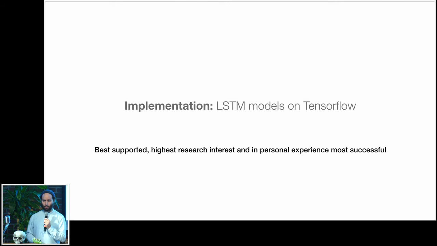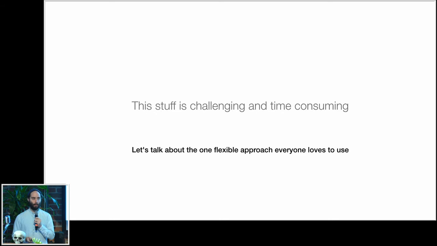What I want to specifically talk about, what I've had a lot of success with, is these LSTM models. This is recurrent neural networks, character neural networks, Andrej Karpathy's blog, stuff that people are already using. I want to talk about some of the details, because this stuff is really challenging and time consuming. You're going to get something that, as Mike artfully said, you could curate to make really good.